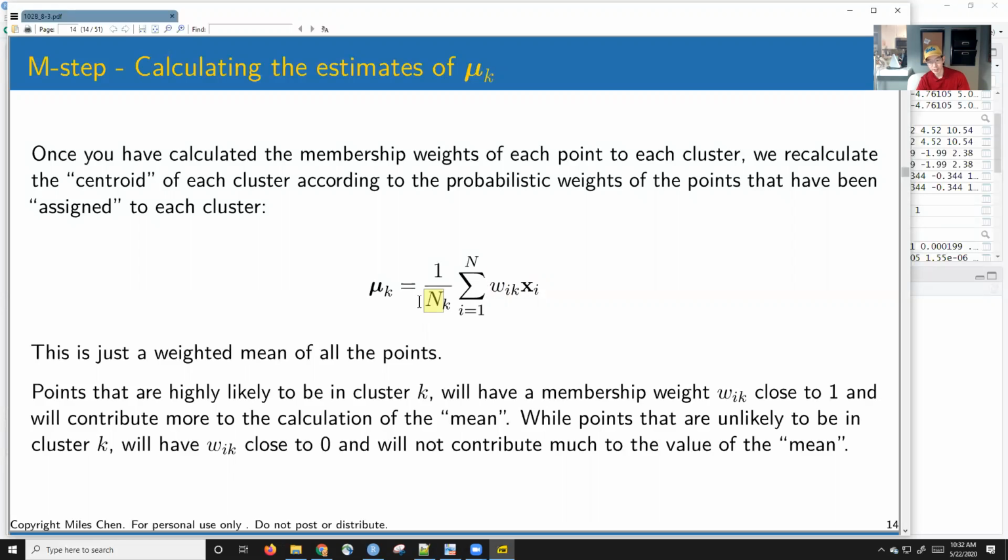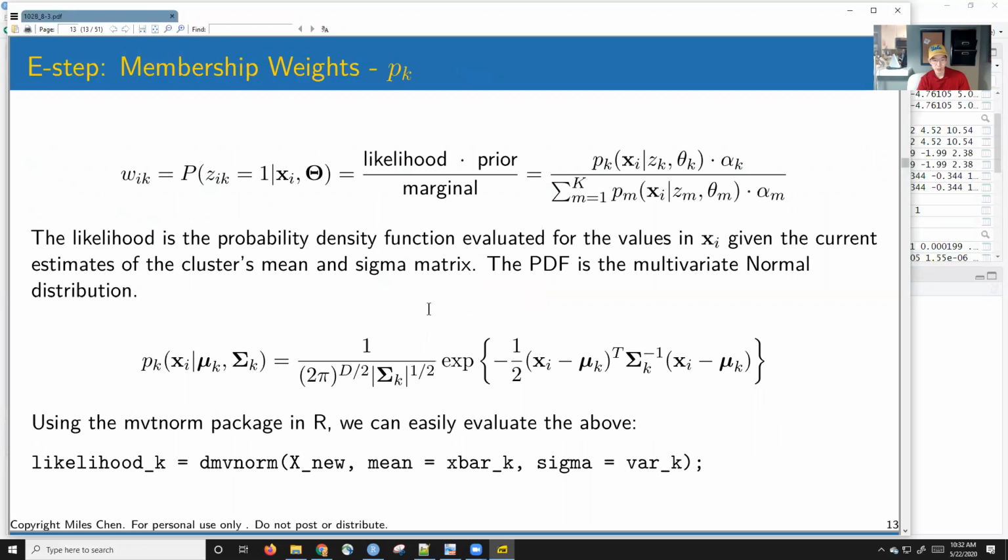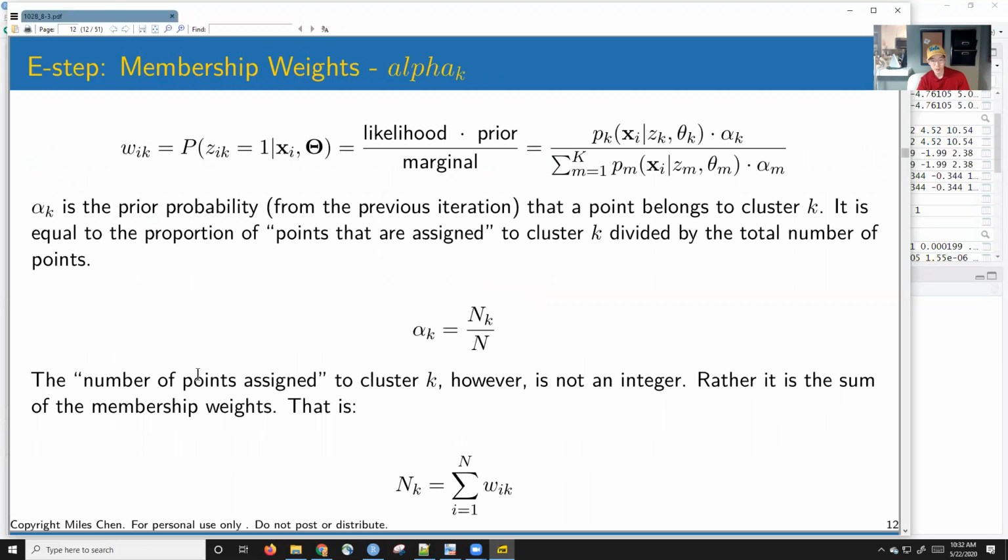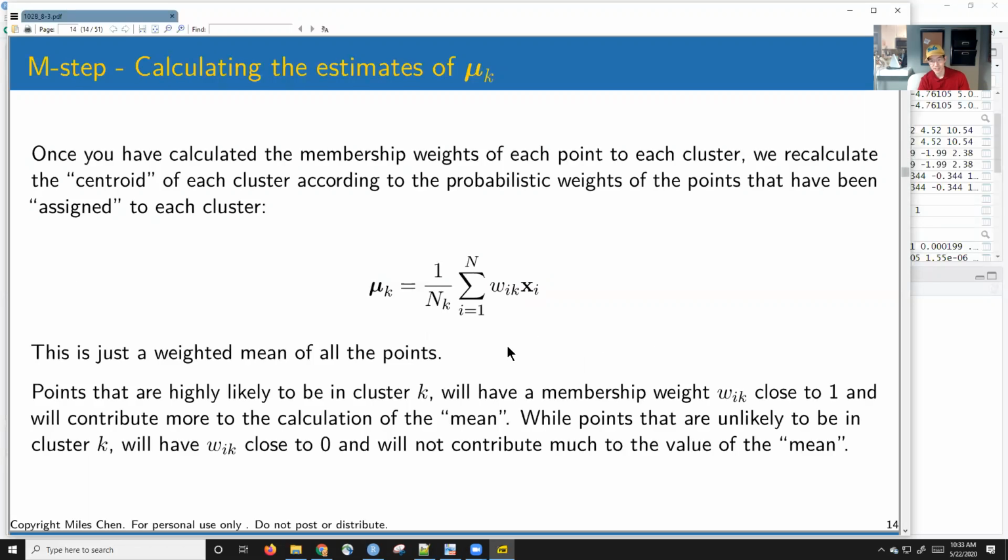And then you're dividing by n sub k, which is the quote unquote number of points assigned to cluster k. It's not really the count of points, but you're dividing by the sum of the w_ik's, the weights. So this is pretty much just a weighted mean.